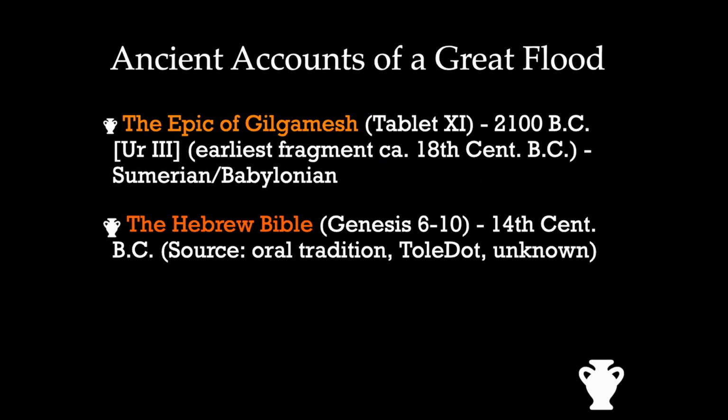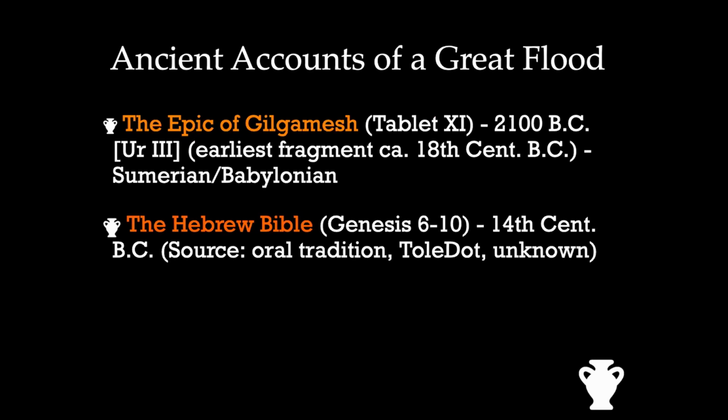Many of the elements of the flood story in the scripture, in Genesis chapter 6 through 10 in the Hebrew Bible, which was written in about the 14th century BC, could have come from oral tradition or something in Hebrew called the Toledot. It's a Hebrew word, which means "this is the account of."